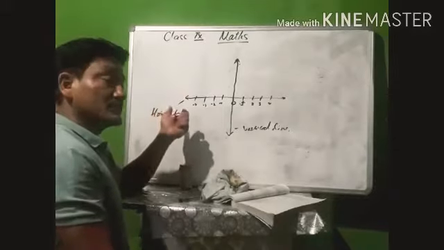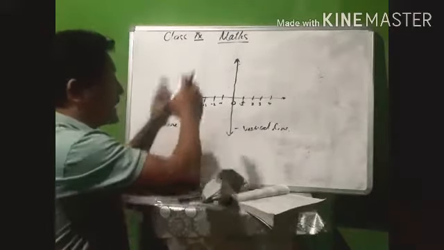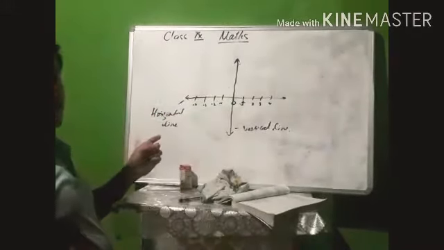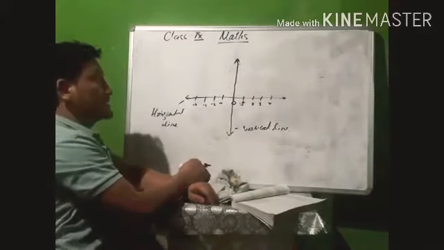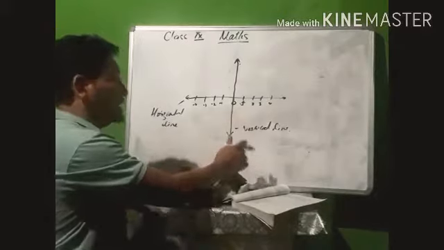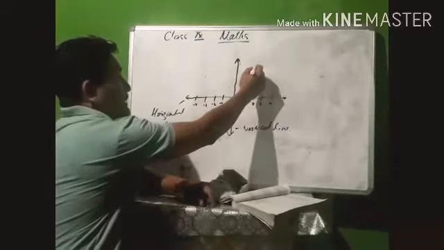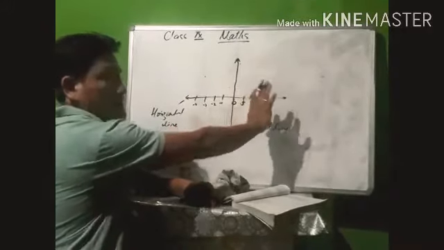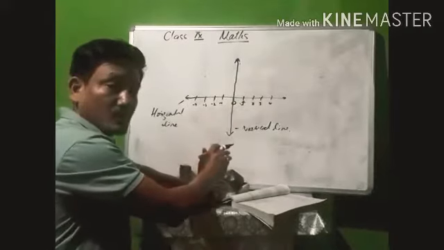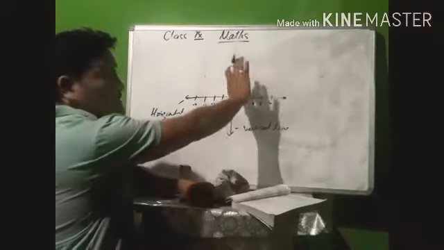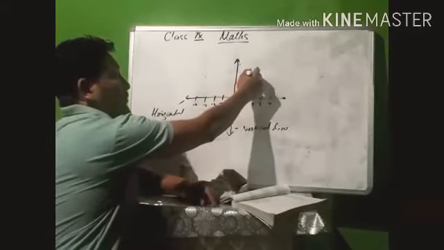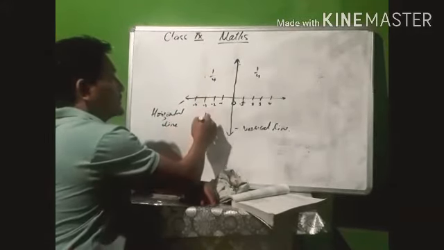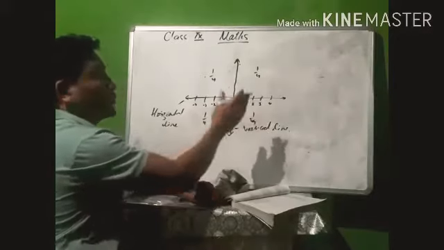To read the position of that point, the Cartesian system is used. So you have these 4 quadrants here. Quadrant comes from the word quarter, which means one-fourth. This is 1/4, this is 1/4, and so on: 1 out of 4.